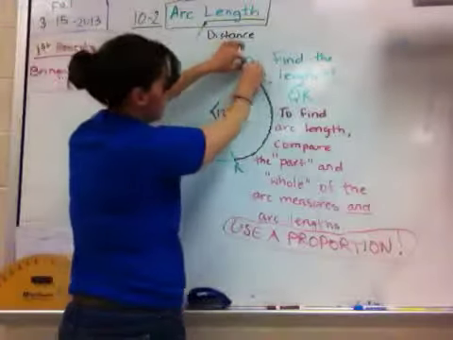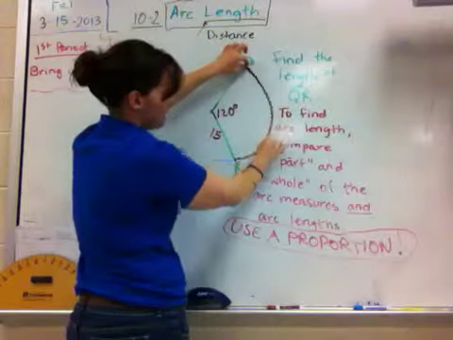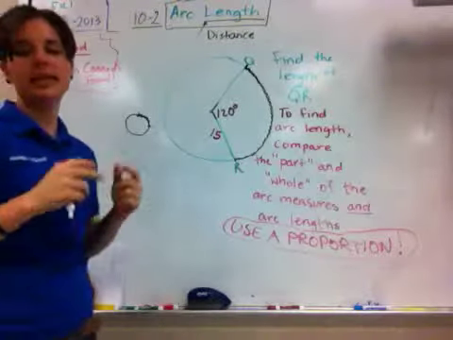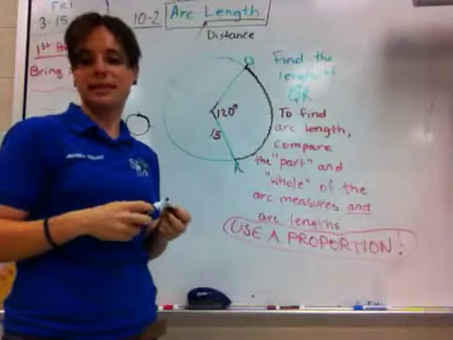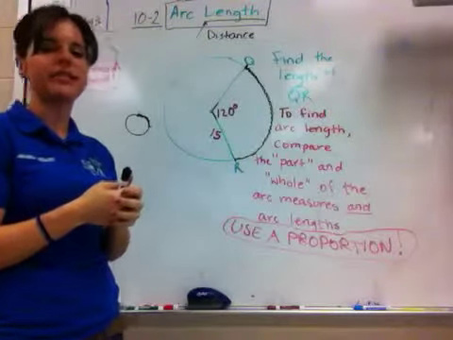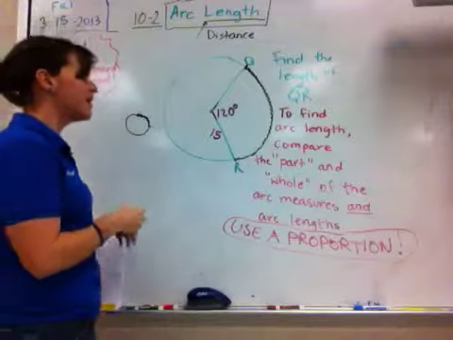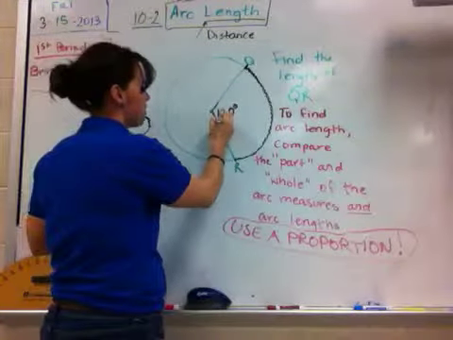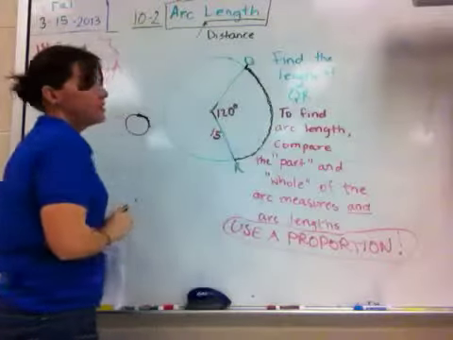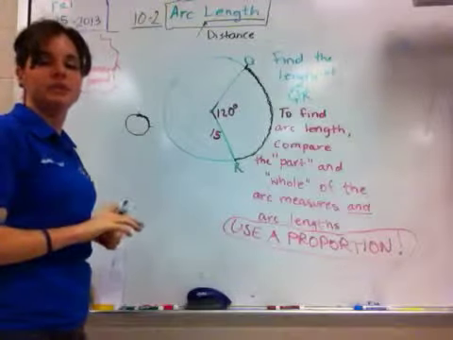So that would be like taking the string and just putting it on this part, and then let's stretch that out and let's measure it and see what the actual distance is. Instead of doing that actual measuring every time, we have a strategy that we can come up with what this actual length is using some different information that we know.